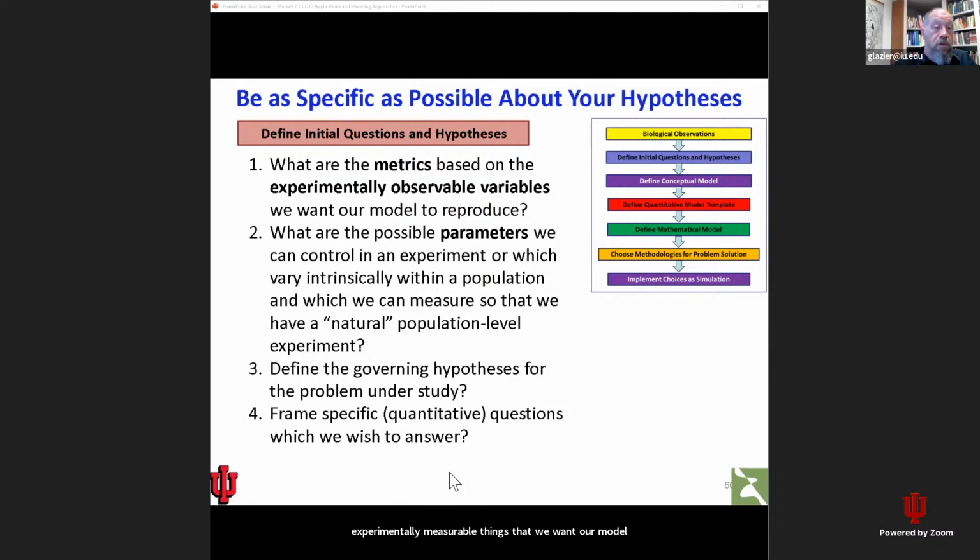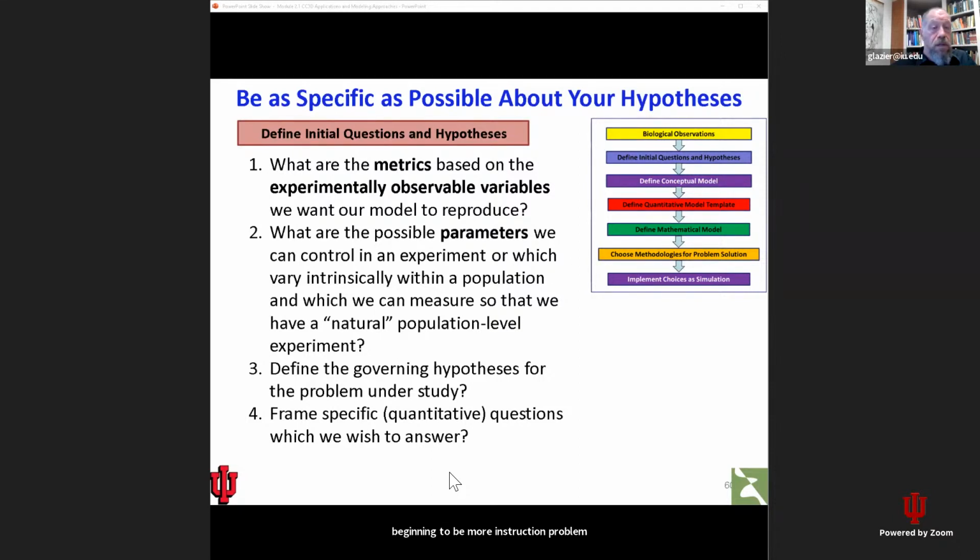To say that we want to reproduce cancer is not going to give us anything useful. To say that we want to reproduce metastasis by itself isn't going to say anything useful. If we say, what is the effect of changing substrate stiffness on the fraction of cells in a tumor that migrate out, that's beginning to be more a structured problem.